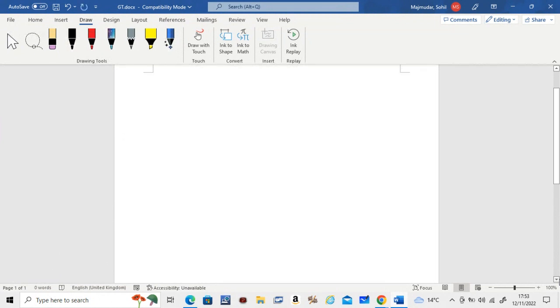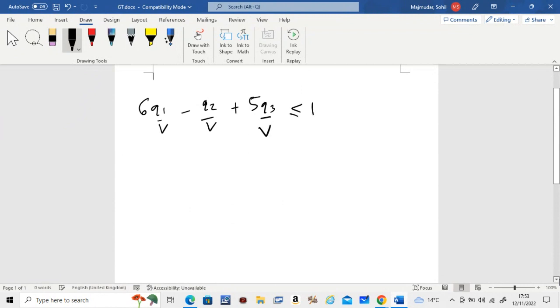Okay, so if you divide everything by V, we get 6Q1 by V minus Q2 over V plus 5Q3 over V less than or equal to 1, because we divided everything by V. So we get 4Q1 divided by V minus 4Q3 divided by V less than or equal to 1.